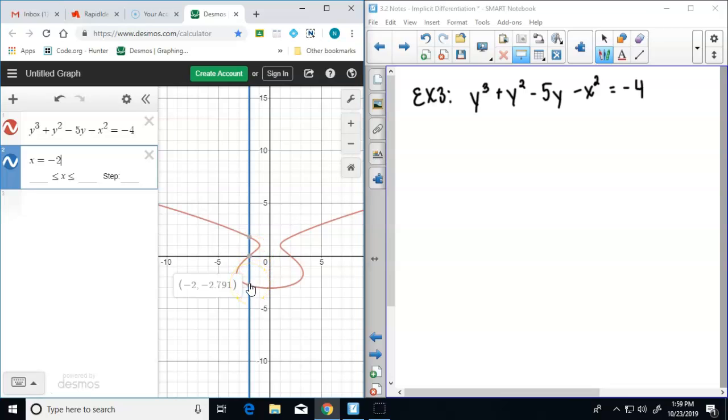This is not a function. So I would have 3 different possible answers for the derivative at those points. But we can still find a derivative that will give us our answer there. It'll take a little bit more work than those. But for right now, I just want to find the equation that will give us the derivative.